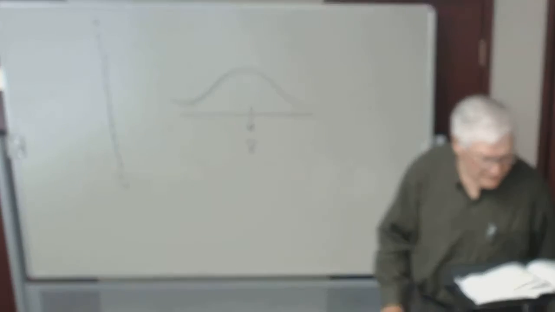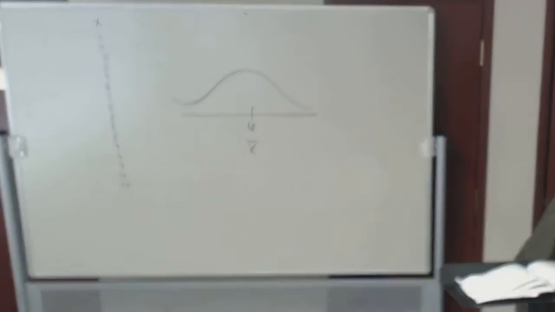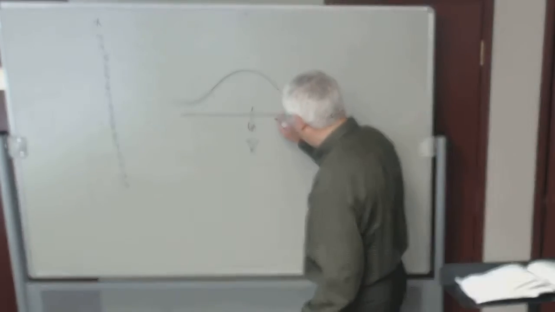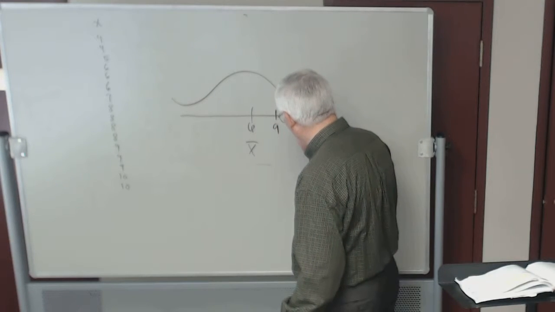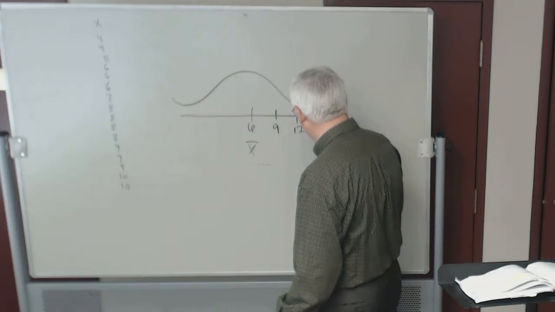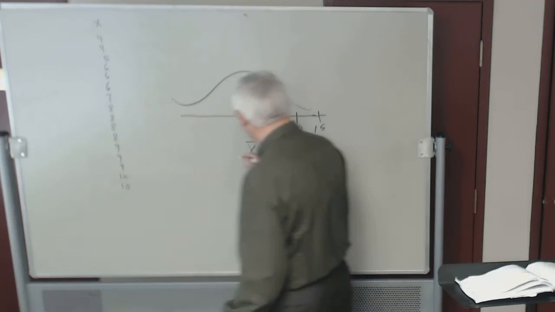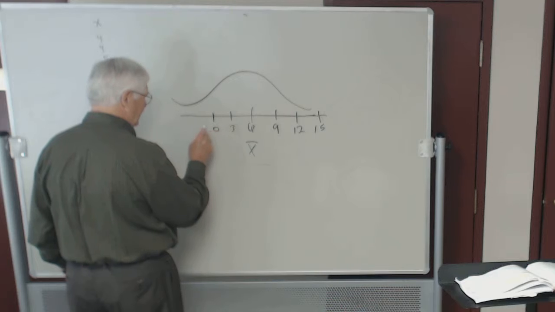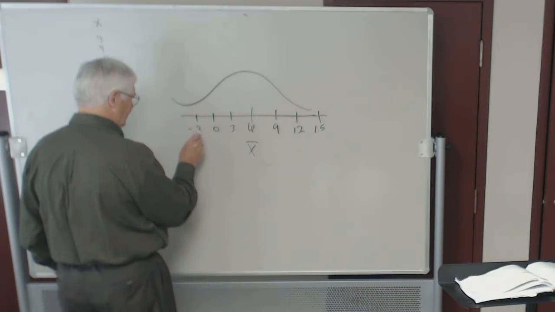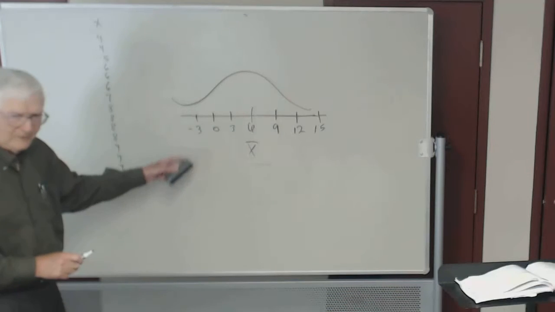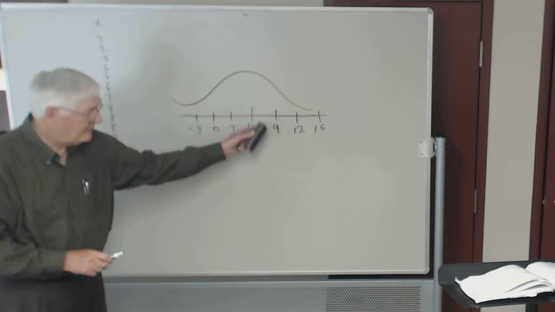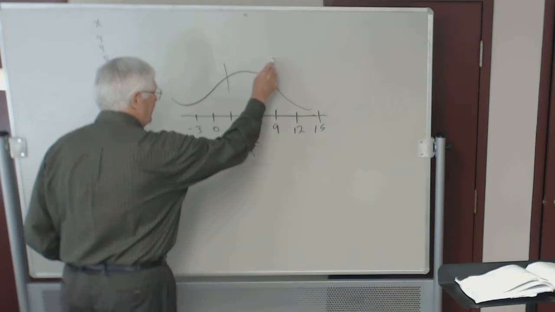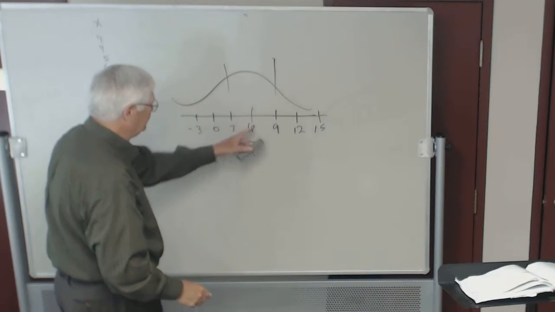And what's the standard deviation? 3.23. So I'll go 9, 12, and 15. You follow me? And going the other way, 3, 0, and -3. I take the mean and go the standard deviation up, 3 of them up. Now they ask, how many scores are within one standard deviation of the mean?